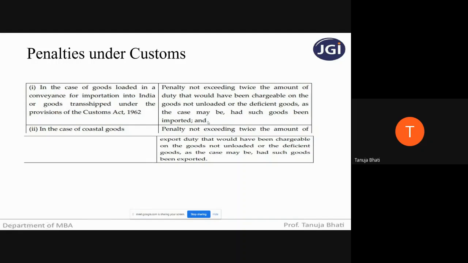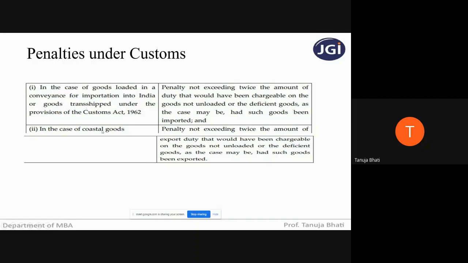It is a penalty on the person in charge of the conveyance.